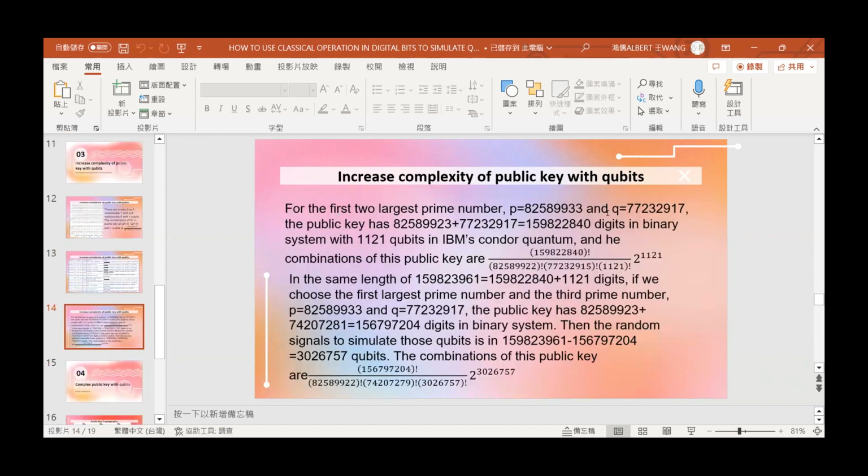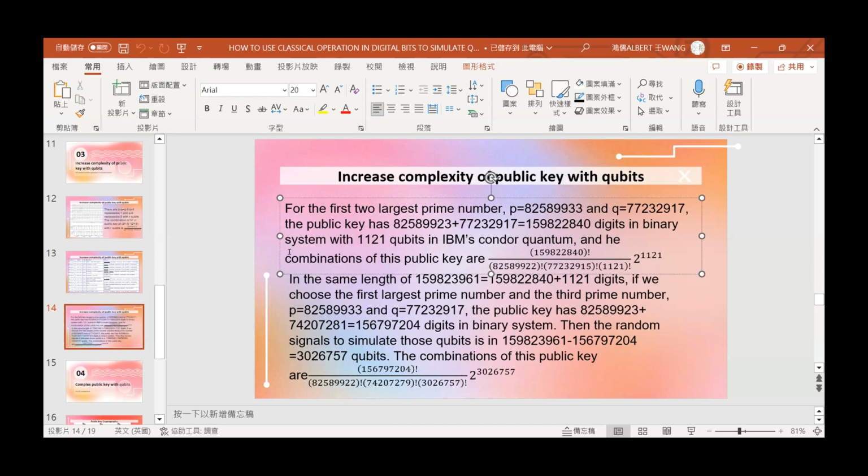Here, we consider the large prime numbers and the second number compared with the public key. And we use the big number of 121 quantum pieces in IBM's quantum computers.